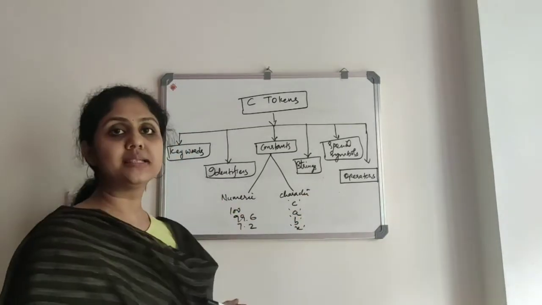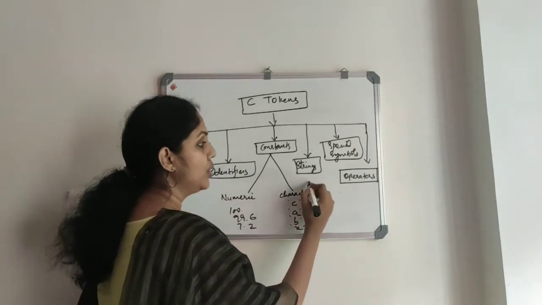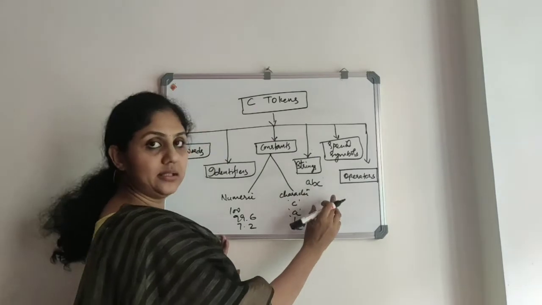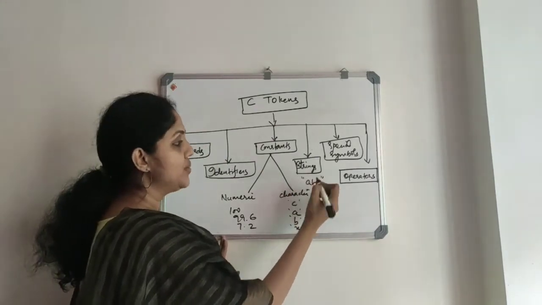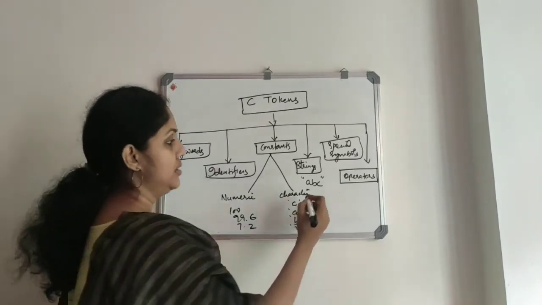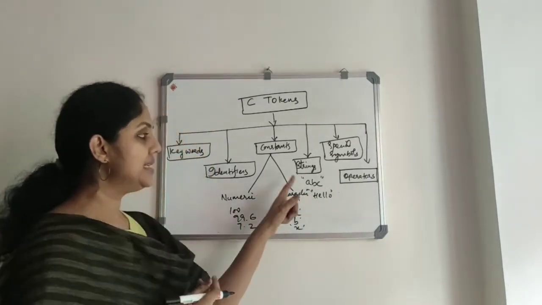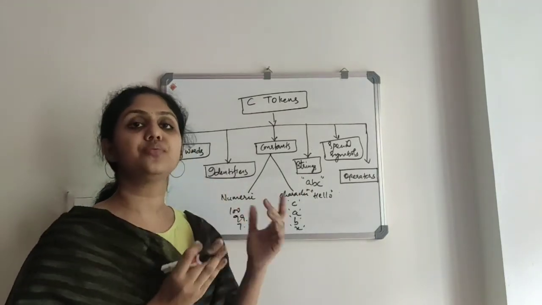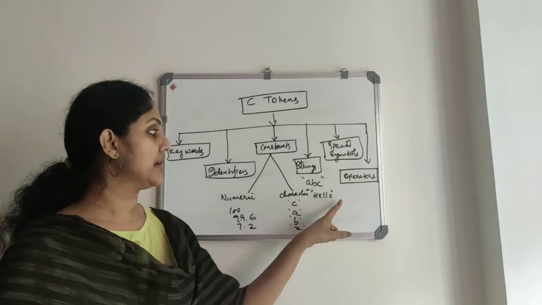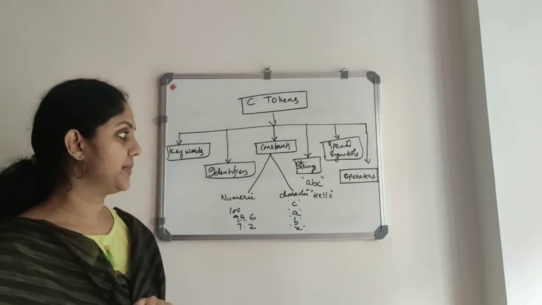Now, what are strings? We know a group of characters forms a string, and it is enclosed within double quotes, like "Hello". A group of characters combined together forms a string, enclosed within double quotes.